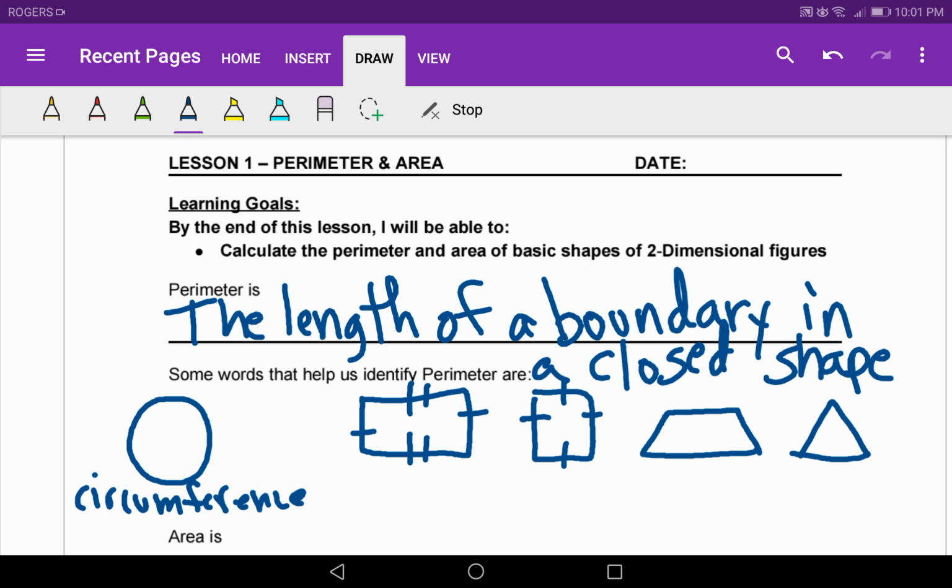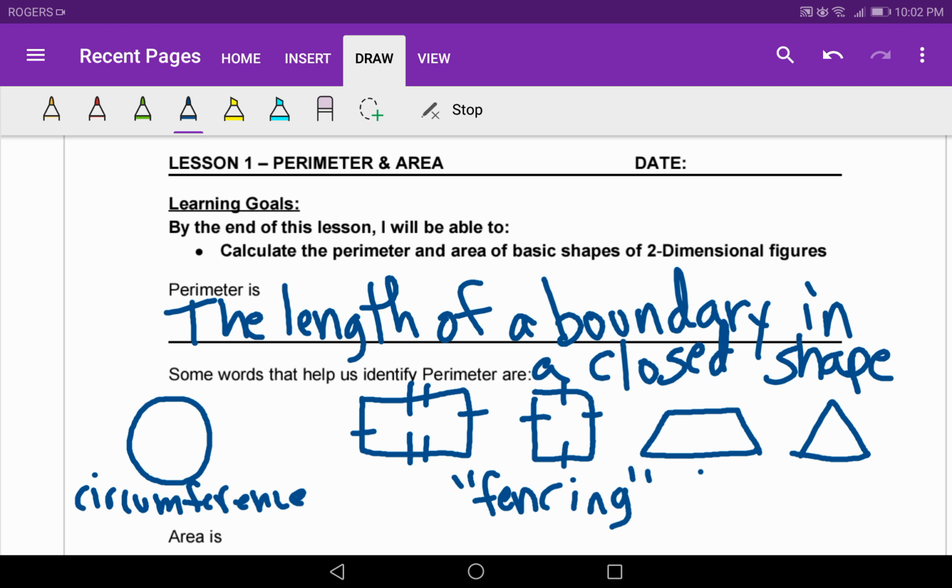We're going to be finding the perimeter around all of those shapes. When it comes to word problems, often you'll see the word fencing. If you're calculating how much fence you need to enclose an area, you would be finding the perimeter. So fencing is a potential word that we might see in a word problem. If you have to calculate how much fencing you need, you know that it's a perimeter problem.